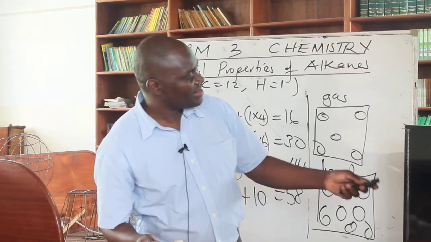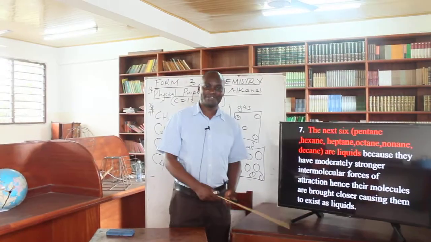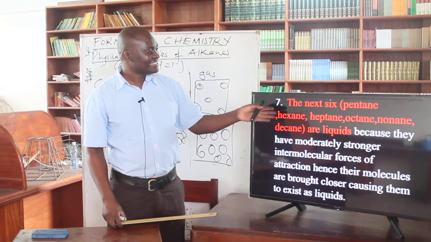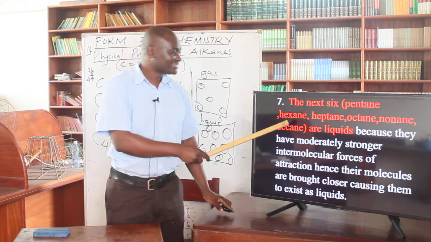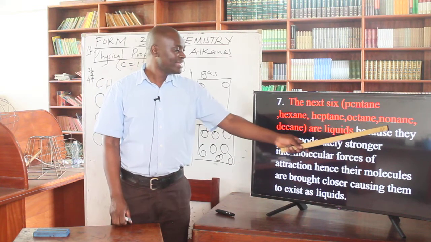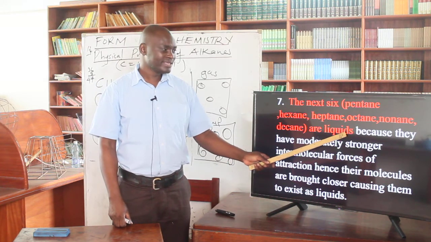That one is summarized in point number 7. In point number 7 we are saying the next 6, that is pentane, hexane, heptane, octane, nonane, decane, are liquids. Why?